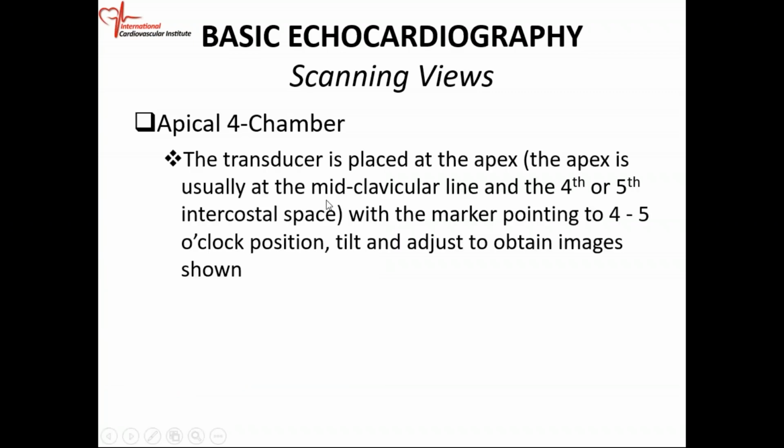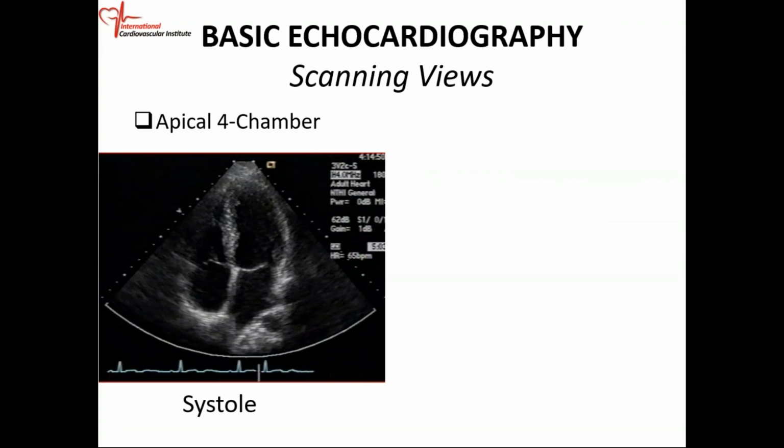It's usually at the junction of the mid clavicular line, where we already went over all of that in our anatomy session. So at the junction of the mid clavicular line and the 4th or 5th intercostal space, the marker on the transducer is going to point towards the 4 or 5 o'clock position. If the patient has an enlarged heart, then you have to move the transducer to the patient's apex. You're going to go more lateral.